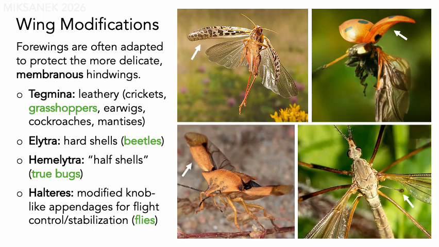Two wings is a very useful defining feature for this group, with those hind wings being modified into these knob-like structures called halteres. They are used as stabilizing organs that help improve flight control. So flies are great at flying thanks to this adaptation.